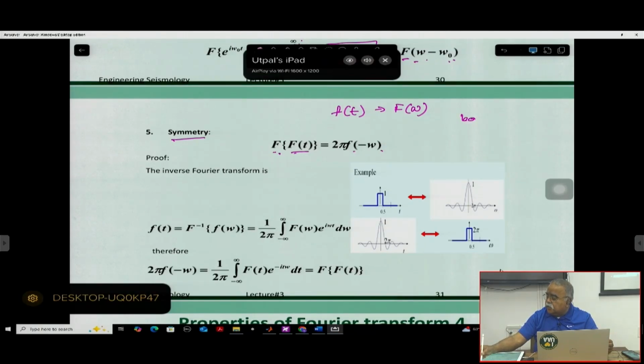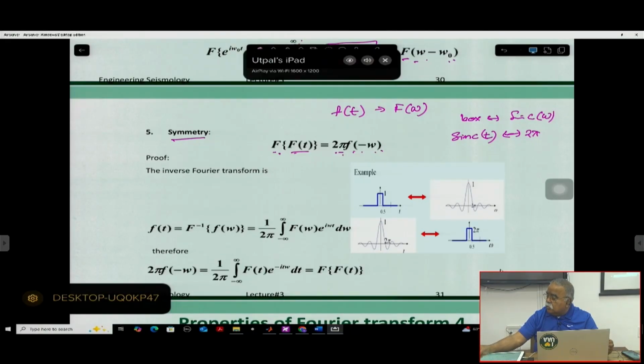Suppose a box function has a Fourier transform of a sinc function. Then if I take a sinc function as a time function, this will be equal to 2 pi of f(minus omega), that is, 2 pi of whatever the f(omega) was.